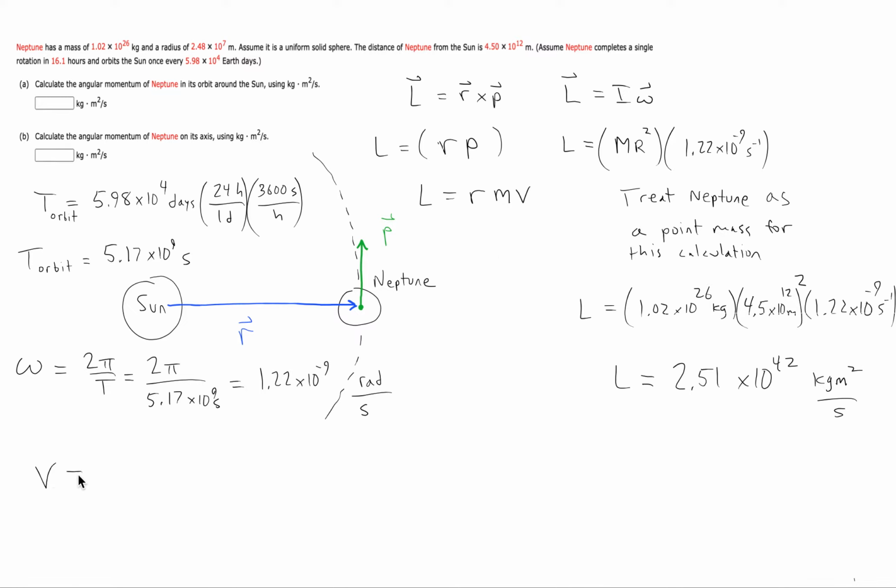And we can find the velocity from the formula V equals R omega. So if we were to substitute that in, I guess we would get L equals R times M times R omega. And you can see what's happening here, right? mR squared omega, which is the same thing as up here. So it's the same either way.